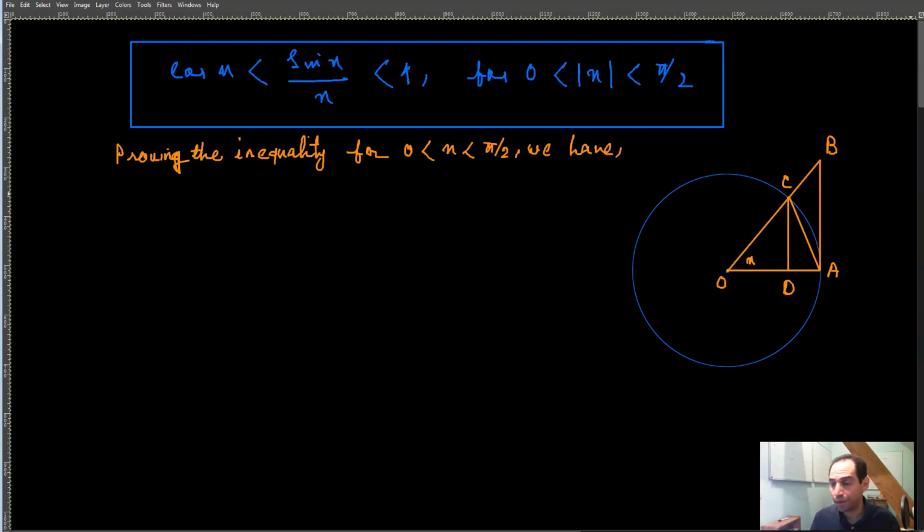So this is basically the construction that we have. In this figure, O is the center of a unit circle such that the angle AOC, this angle here, is x radians, and x is greater than 0 and less than pi by 2 radians. So you can say that 0 is less than x less than pi by 2 by construction.